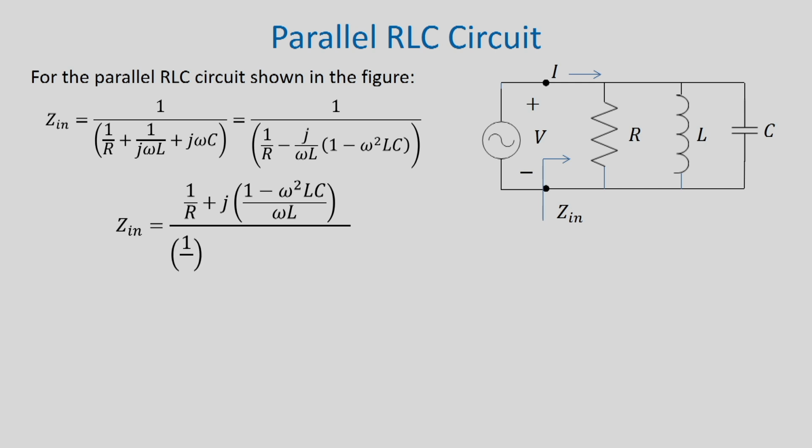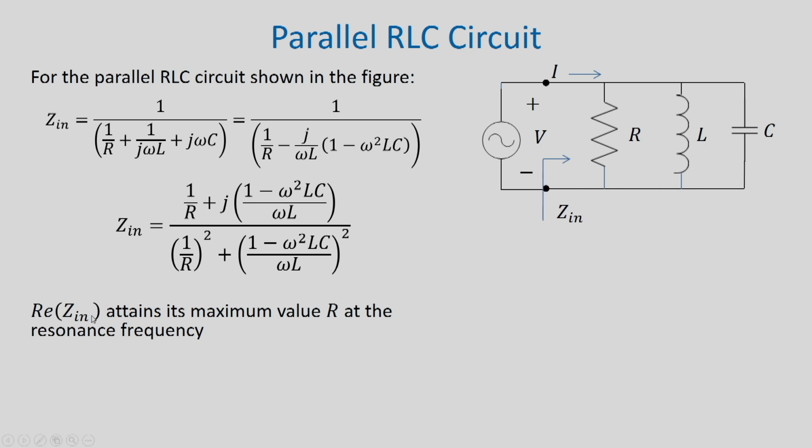Now, we can find out the real and imaginary parts of Zin if we multiply the numerator and the denominator by the complex conjugate of this term.